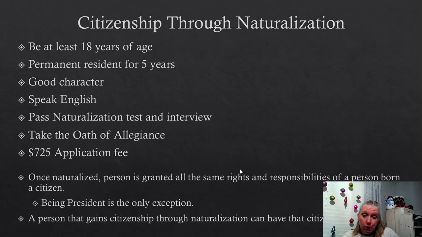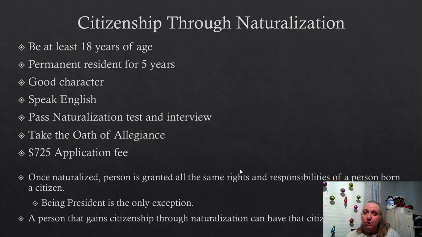You can speak English. It doesn't necessarily mean you need to be fluent, but you need to be able to communicate in English somewhat. You need to pass the naturalization test and the interview. This is where they check your knowledge of U.S. history, standards, symbols, and those sorts of things, as well as testing your speaking of English.